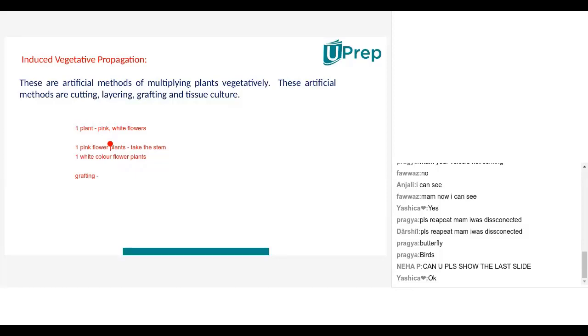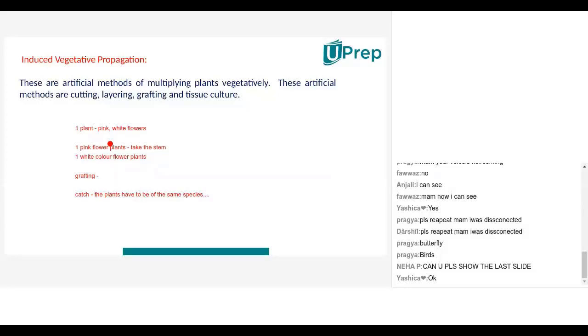But there is a catch here. What is the catch? The plants have to be of the same species. That's the catch, right? You can't take a rose flower and mix it up with a hibiscus flower. You can't take a sunflower plant and put the cutting of a hibiscus. No. Plants have to be of the same species.